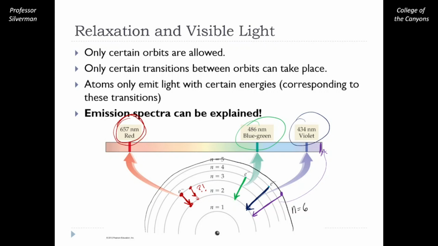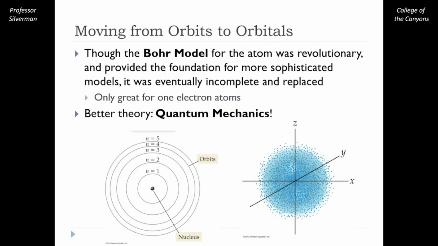Niels Bohr said maybe these electrons are restricted to only being in certain circular orbits. This model is incredible and matches our experimental results exactly if your atom has exactly one electron.